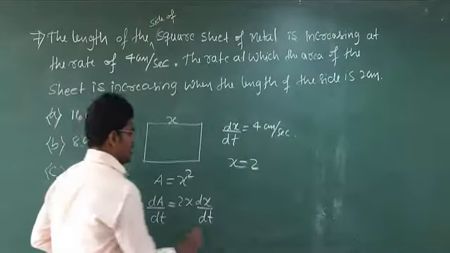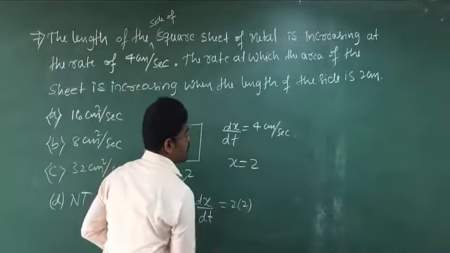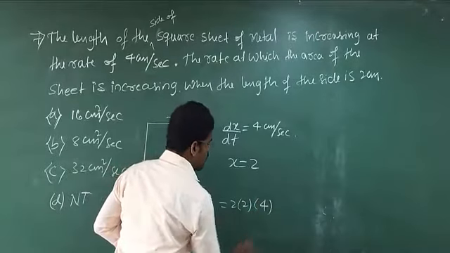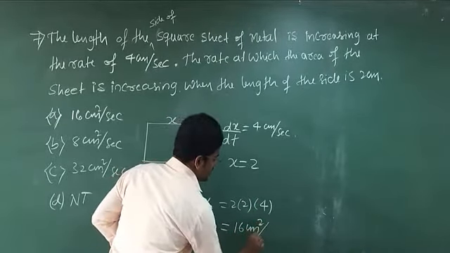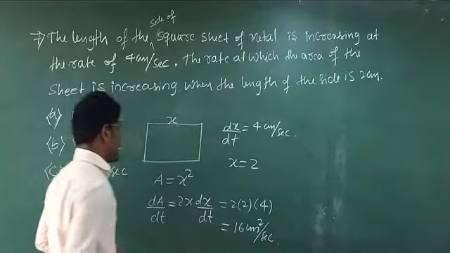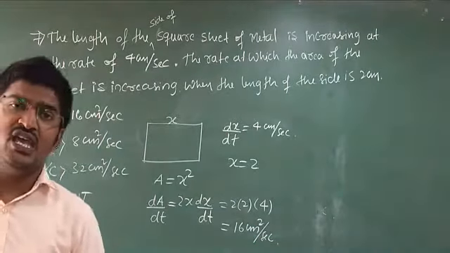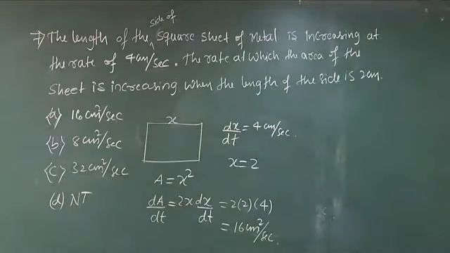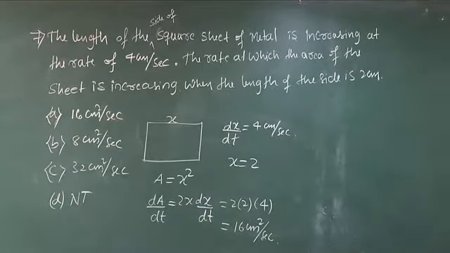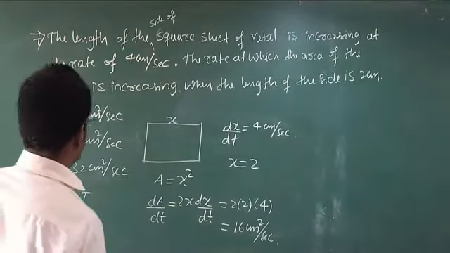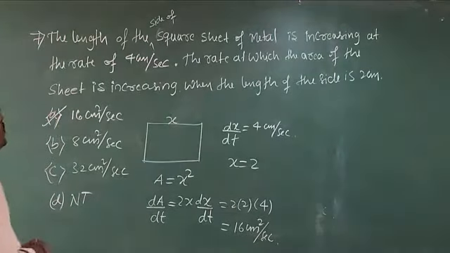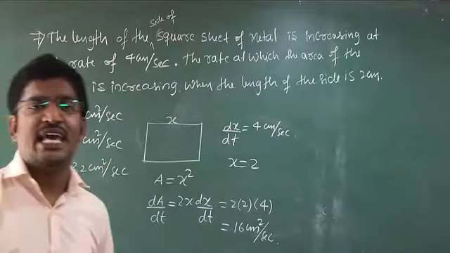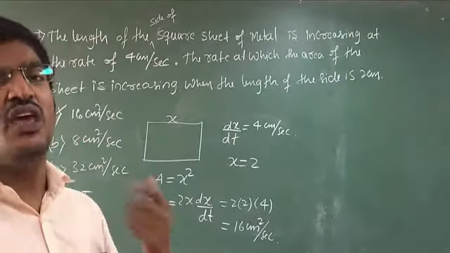So it will be 2 times of 2 into 4. So that is 16 centimeter square per second, because rate of change of area. So that's why it is 16 centimeter square per second will be the answer. Option A. Clear? You go through the problems in detail and understand it, then only you can solve.